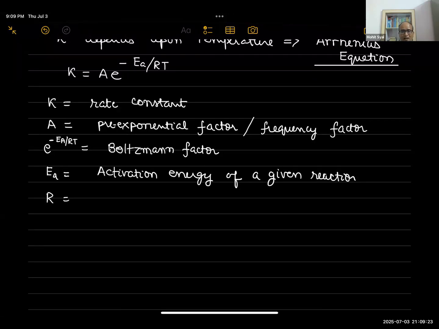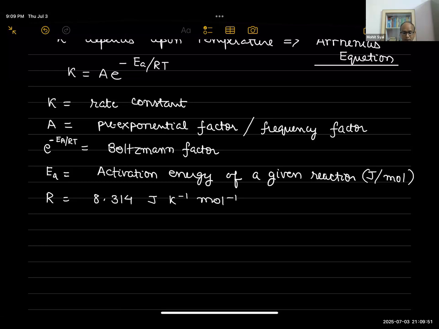R is the gas constant that all of us know very well, 8.314. Normally it is given in kilojoule per mole, so you can convert it into joule per mole. R is 8.314 joule per Kelvin per mole.